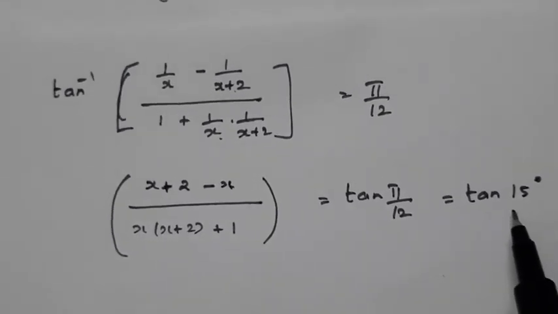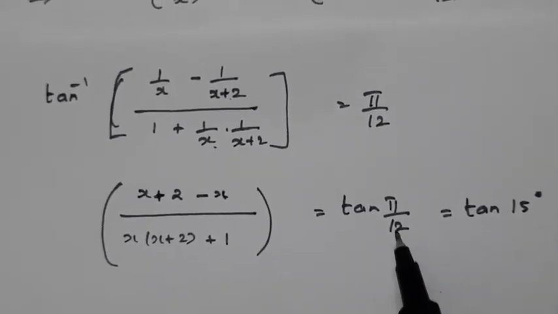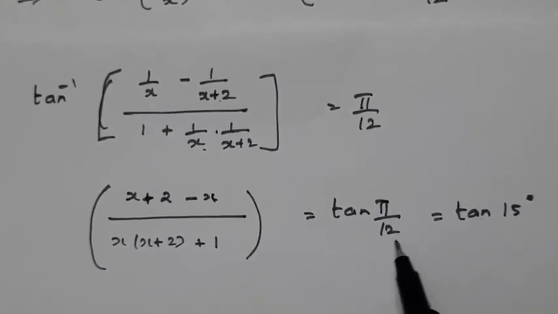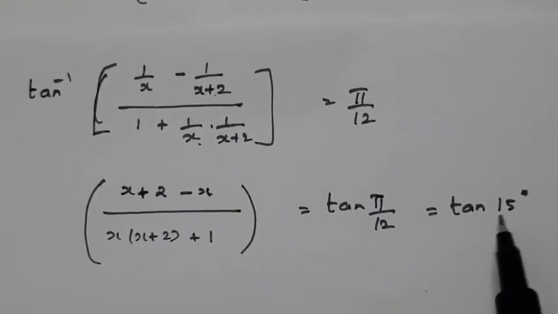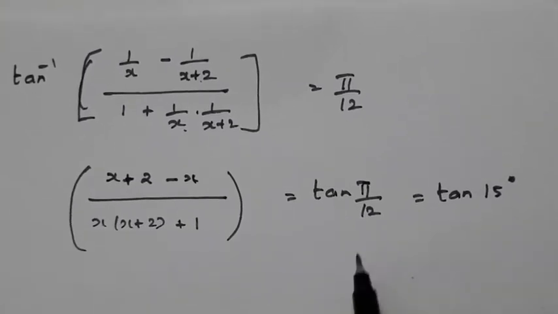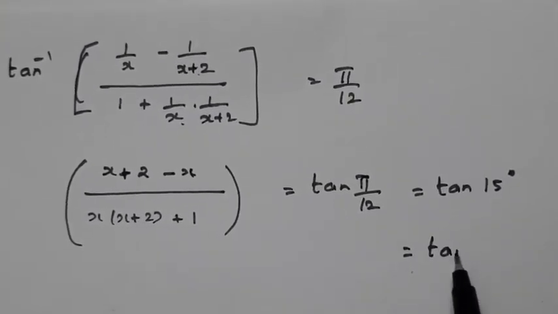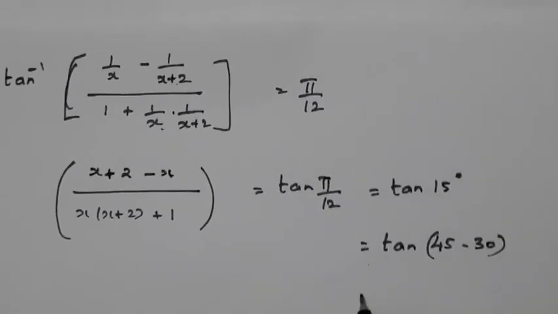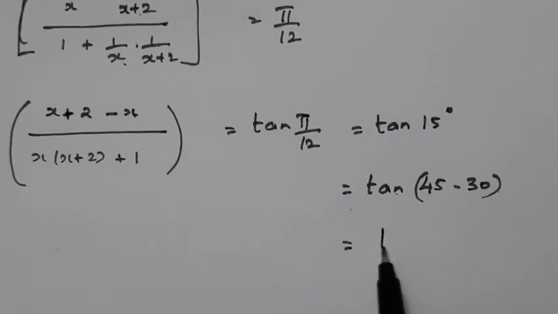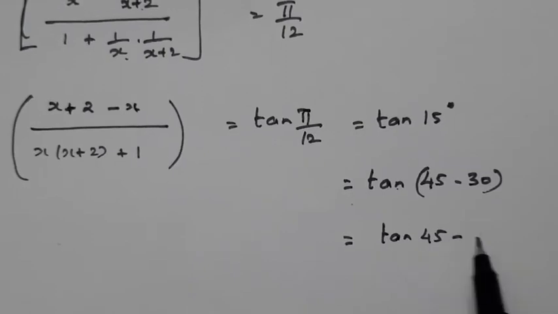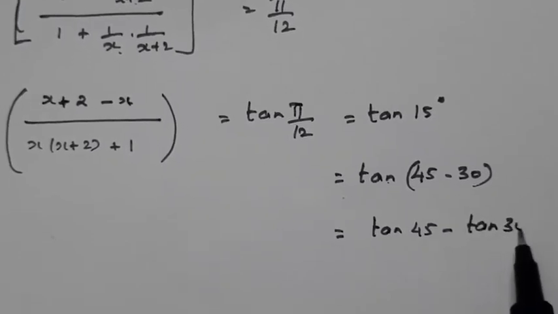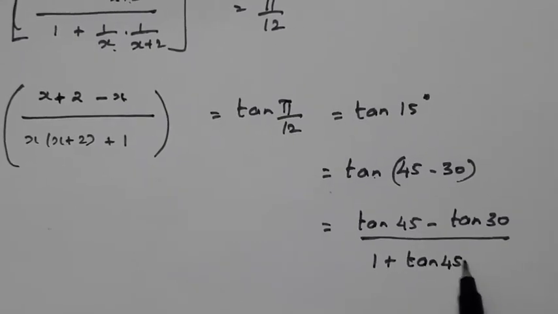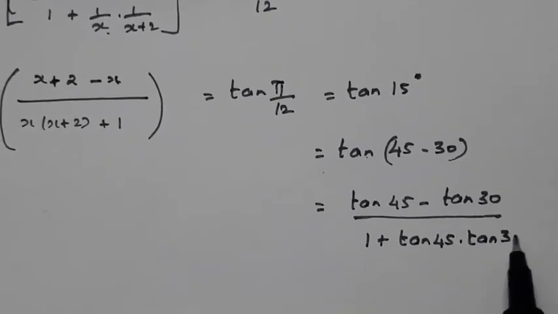So let us find out the value of tan 15 degree. So if you keep this as radians, it would be difficult to find out the answer. So let us transform into degrees and find out the answer for this. Okay. So this can be written as tan of 45 minus 30. So let us apply the tan of a minus b formula. So tan 45 minus tan 30 divided by 1 plus tan 45 into tan 30.